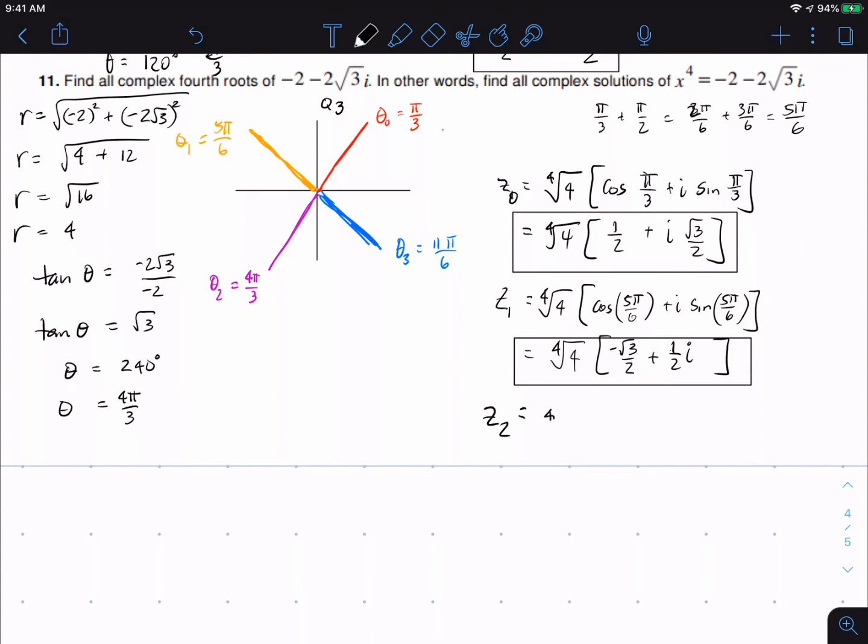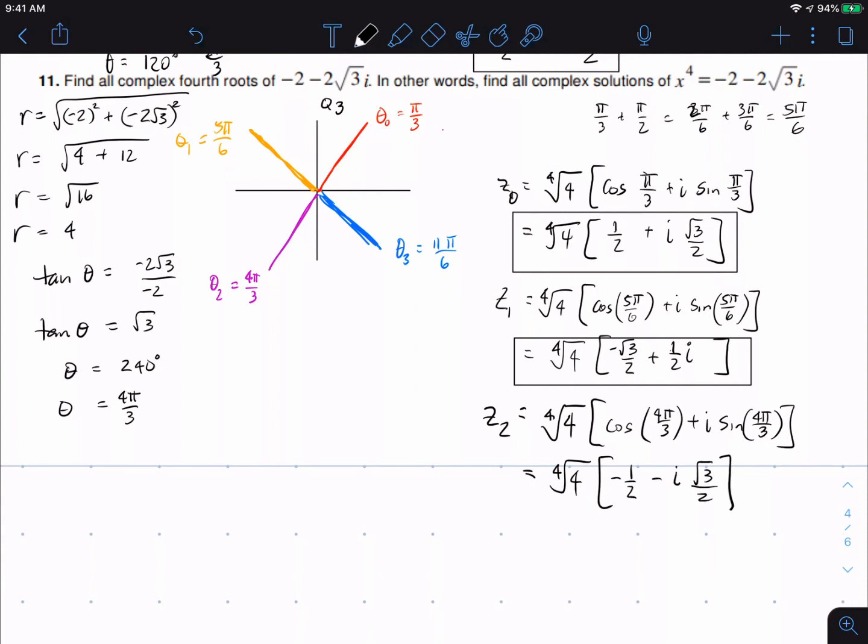So then here we're going to get the fourth root of 4 of cosine of 4 pi over 3 plus I sine of 4 pi over 3. And that's going to give me the fourth root of 4 of negative 1/2 minus I radical 3 over 2.